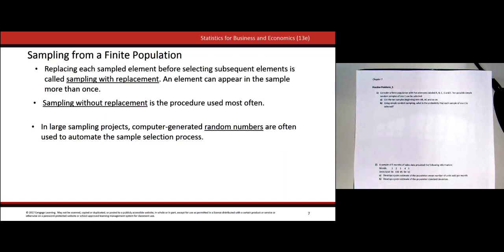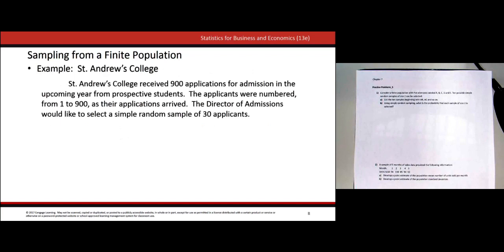Sampling without replacement is more commonly used. If you have a large sampling project, you use computer-generated random numbers to automate the sample selection process.